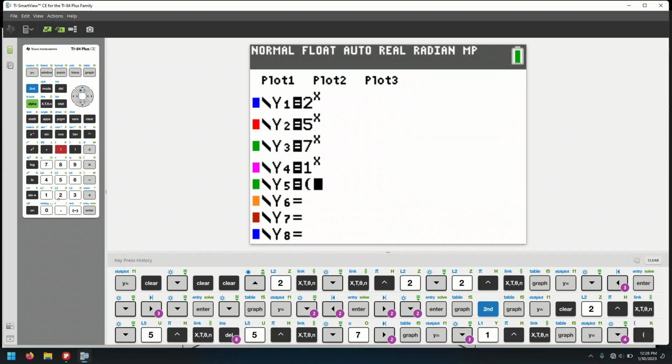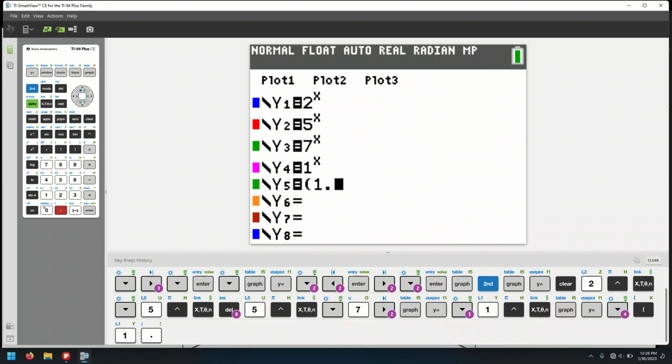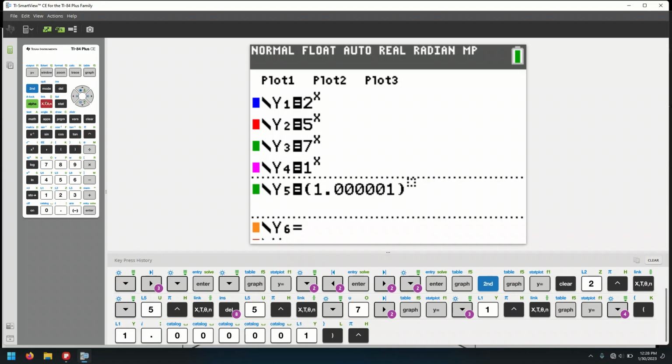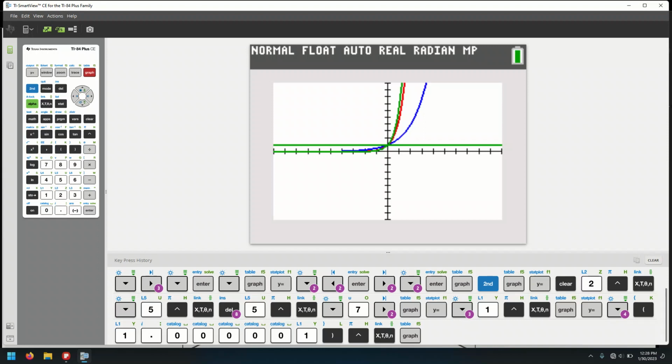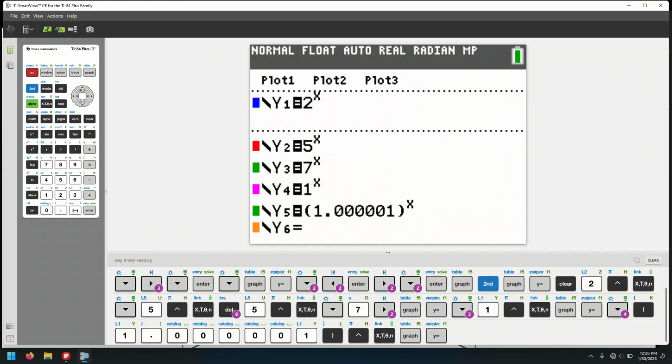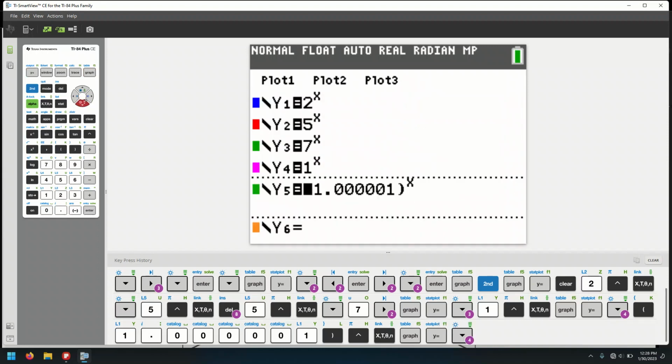How about 1.001 raised to the x? Well, let me delete some zeros. I think I kind of exaggerated here. No, yeah, that's fine.